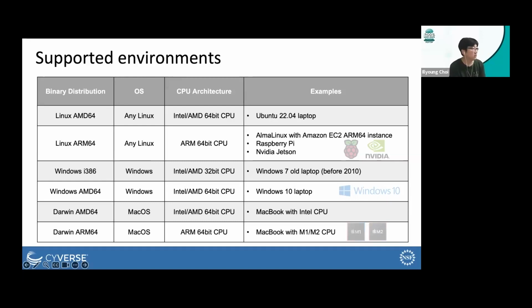Also, you can use the Linux ARM distributions on Amazon EC2 ARM instances or Raspberry Pi or NVIDIA Jetson embedded systems. You can also use GoCommands on Windows systems as well. I will show you a demo about that. And macOS is also supported. GoCommands supports both Intel and M1, M2 MacBooks as well.